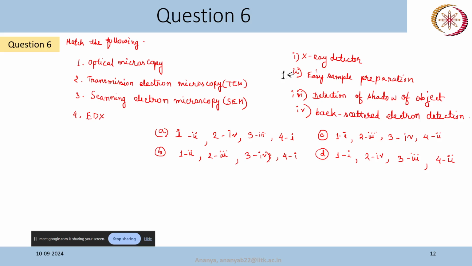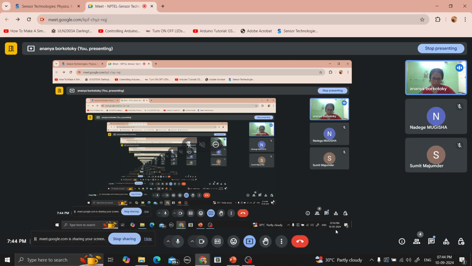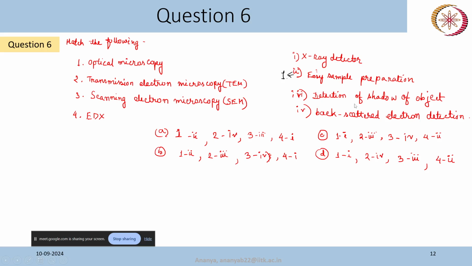That means your sample needs to be very thin. There should not be any charging, so that electrons will pass through your sample, and based on the energy of those transmitted electrons, you will do the imaging.